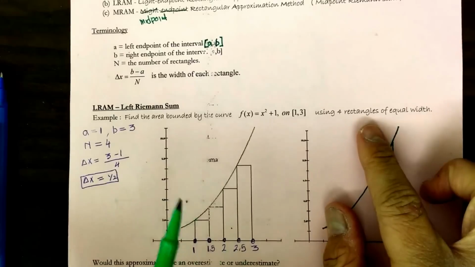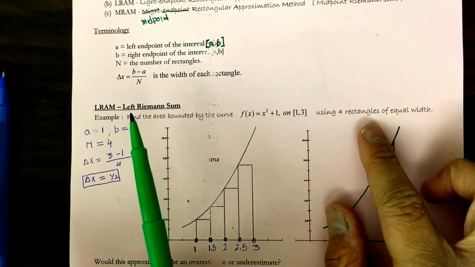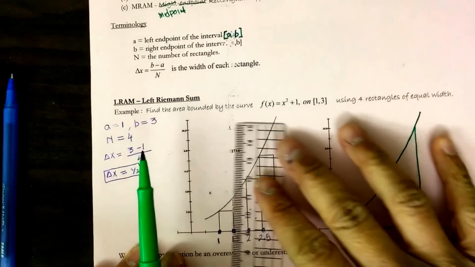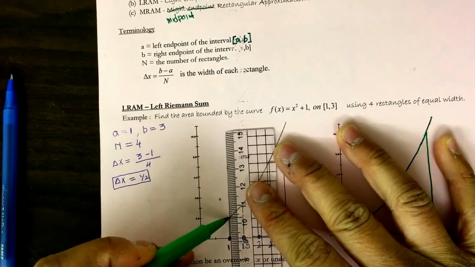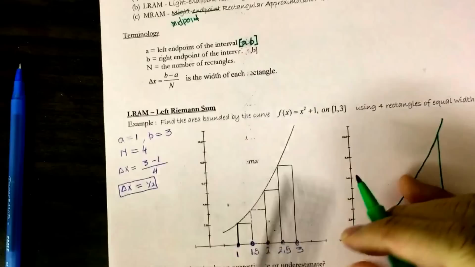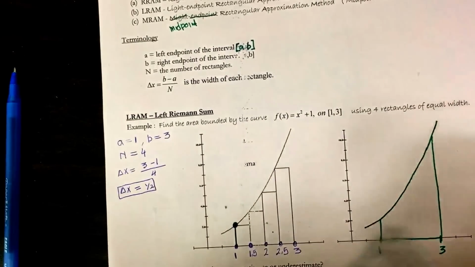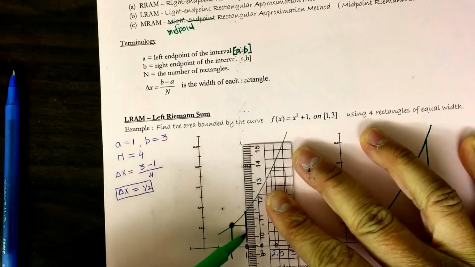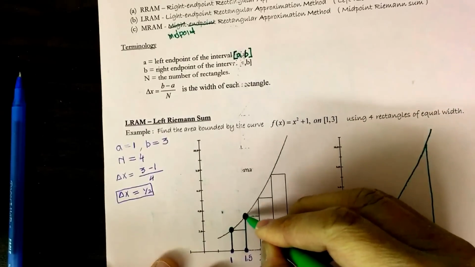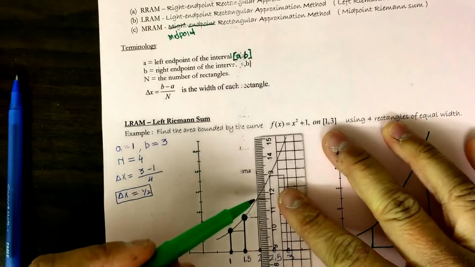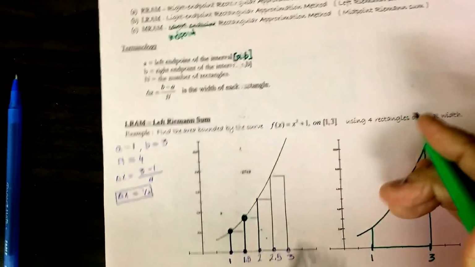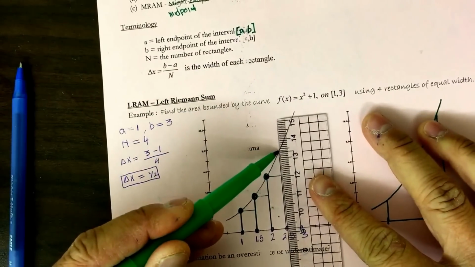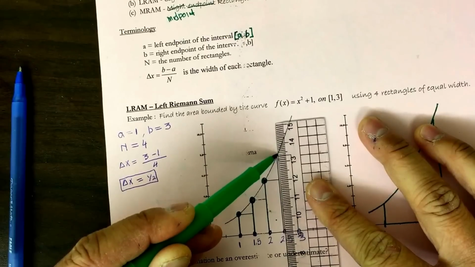That's kind of like your preliminary step, and then your next step is to construct 4 rectangles starting on the left side. So what you do is you start at the left endpoint and you draw a bar until it touches the graph. Then move on to the next point and draw a bar until it touches the graph. Notice that I made the dot where it touches the graph really big so that it stands out, and then I draw this last bar.